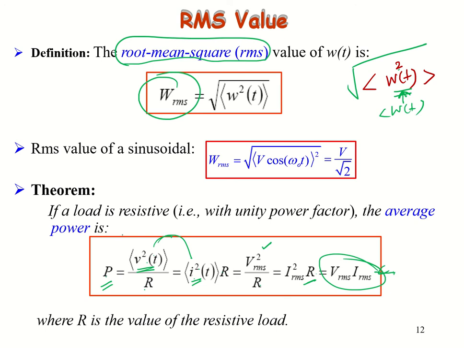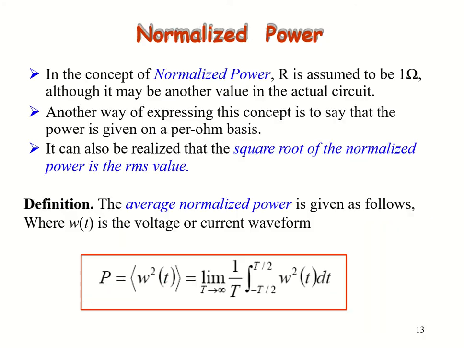The last thing: if you want to calculate the energy or power of a signal, how can we do that? We can classify signals in terms of power and energy. To calculate the power of a signal, take the magnitude squared and then take its average value. That will give us the average normalized power. The square root of the normalized average power is the RMS value.